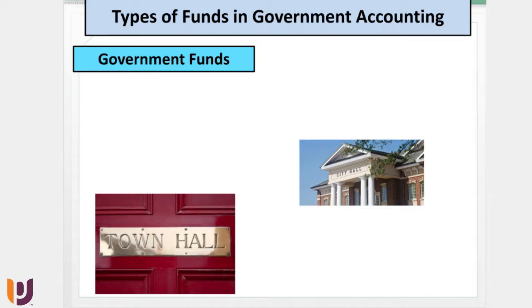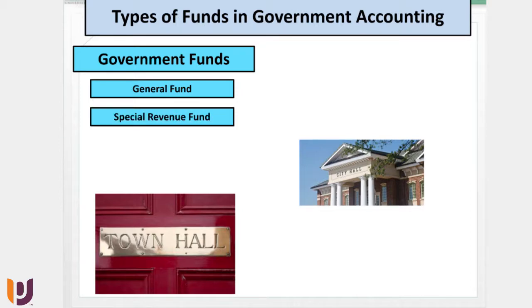Governmental funds account for activities where service to the public is the main emphasis. The big fund in this area is the general fund. The general fund accounts for all financial resources except those required to be accounted for in another fund.